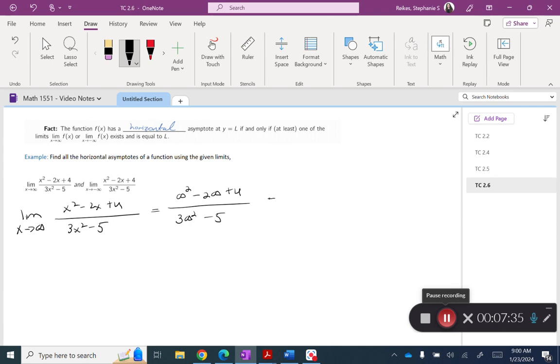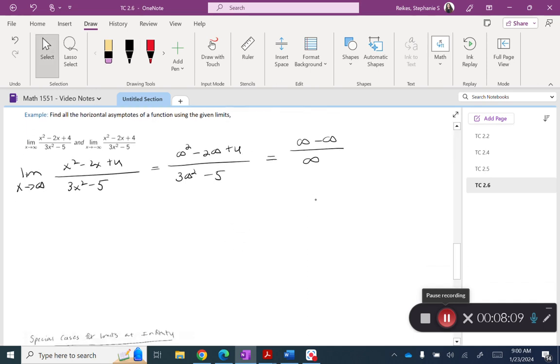If I try to square infinity here, I'd get a really big number, but then I need to subtract a really big number, and then all of that would be divided by another really big number. So as you can imagine, that infinity minus infinity, or anytime we get infinity divided by infinity, is one of those indeterminate forms. So we can't really know exactly what's happening, so we've got to try some other algebraic manipulation to actually answer this question, just like we've done before.